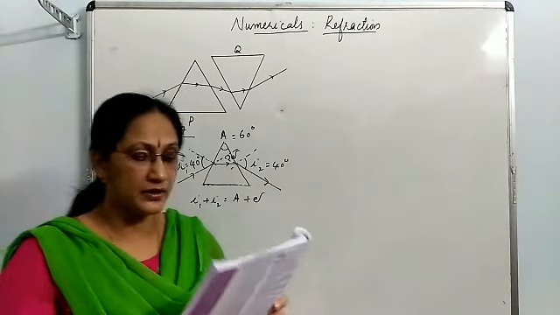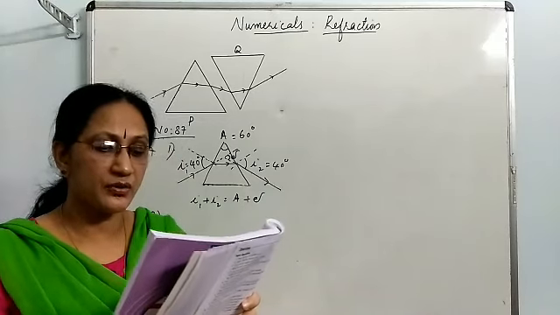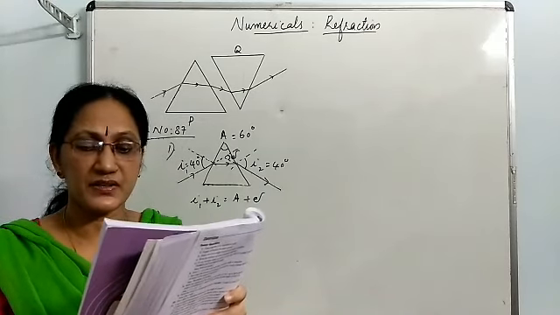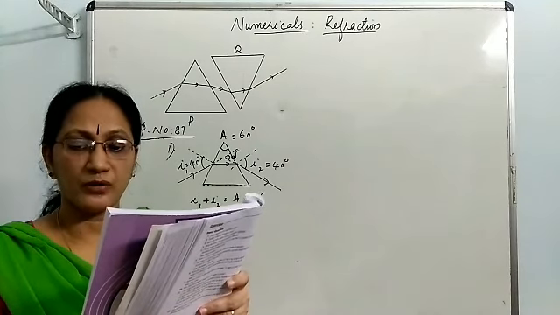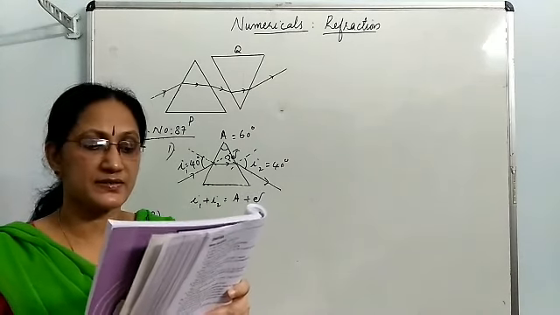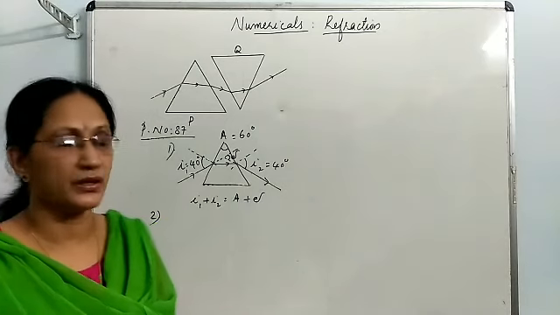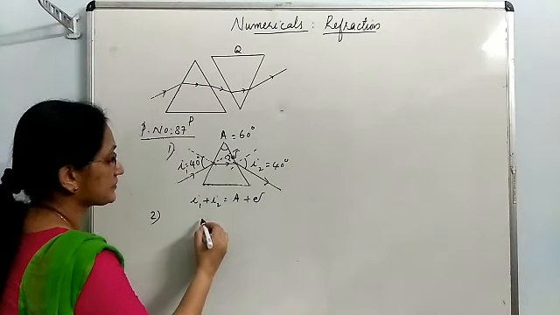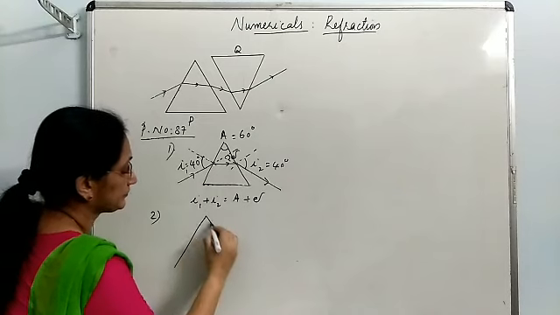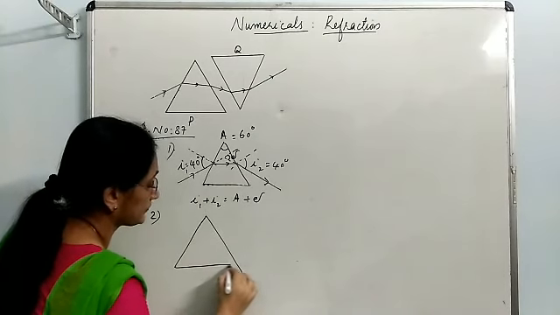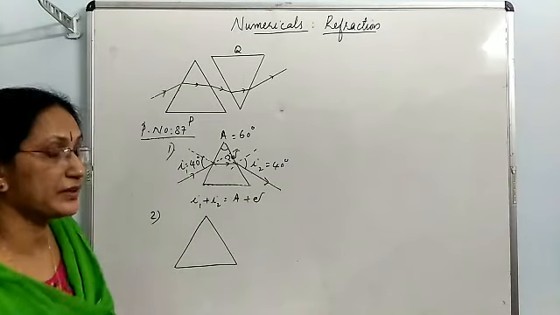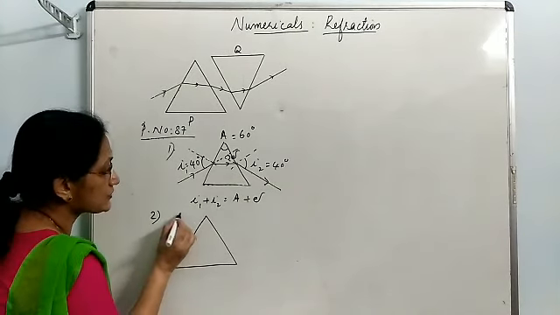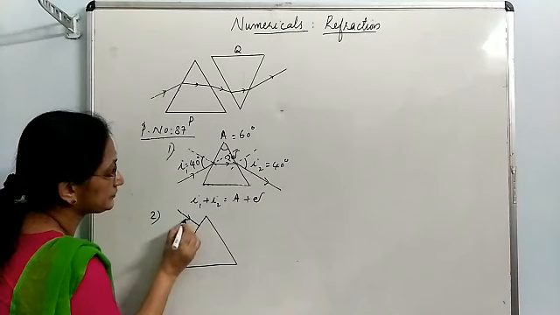A ray of light falls normally on an equilateral prism and emerges out in a grazing manner. Find angle of incidence at the first and second surface of the prism. Again it is an equilateral prism. And it is given that a ray of light falls normally.